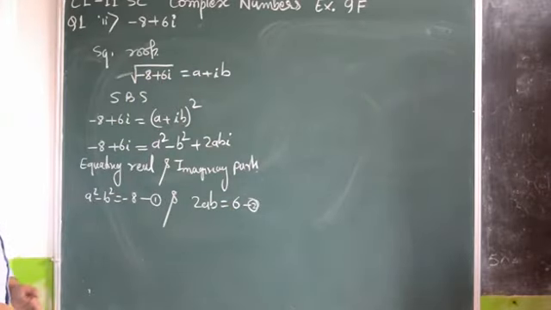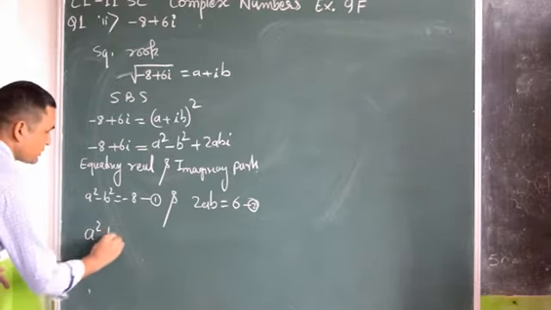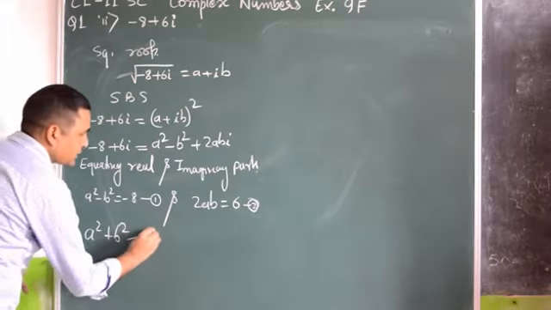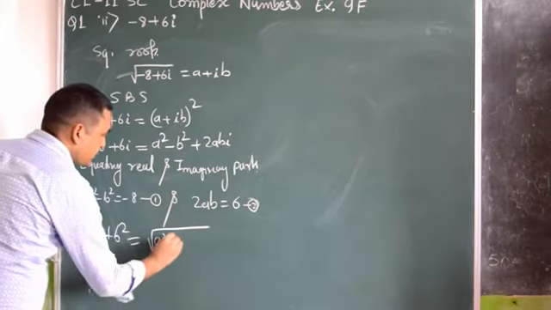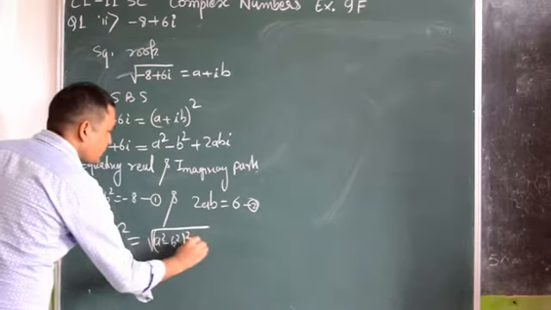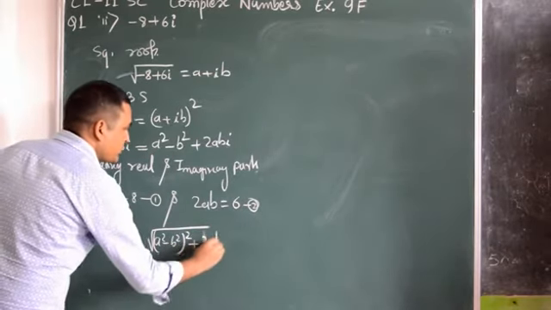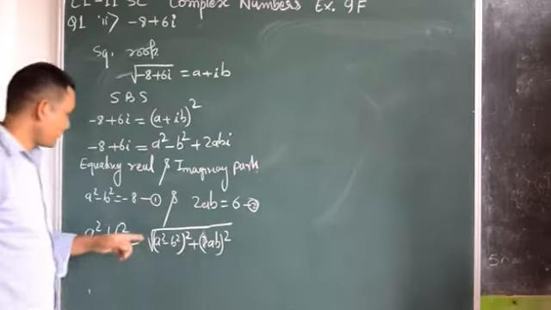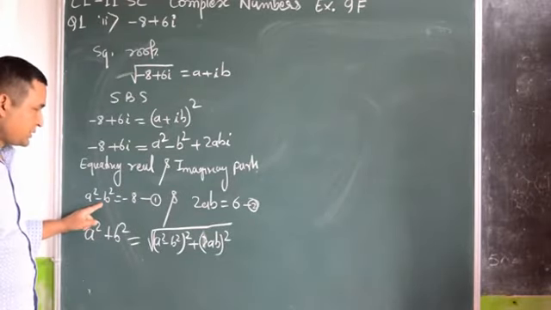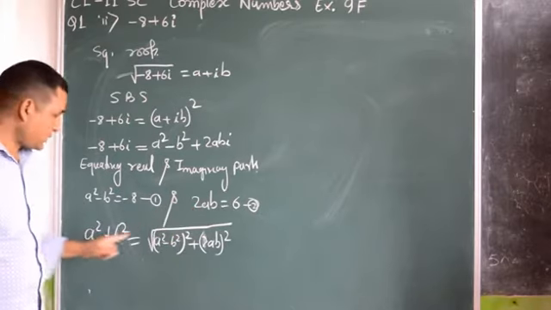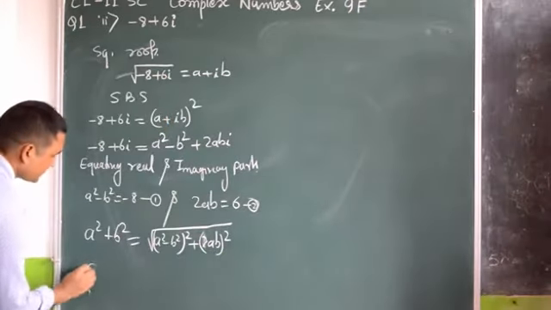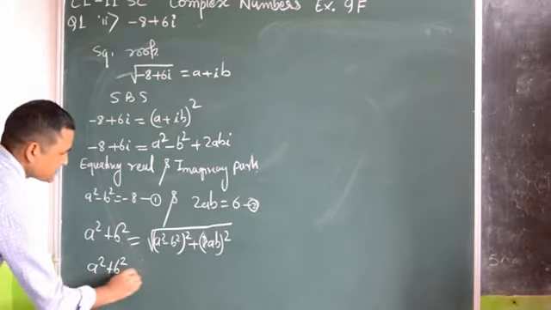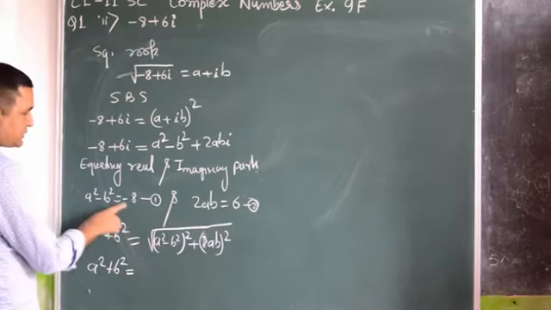Now step 4. Get the value of a square plus b square by using the formula. The formula is under root of (a square minus b square) whole square plus (2ab) whole square. Now substitute the value of a square minus b square here and 2ab here. a square minus b square is minus 8.